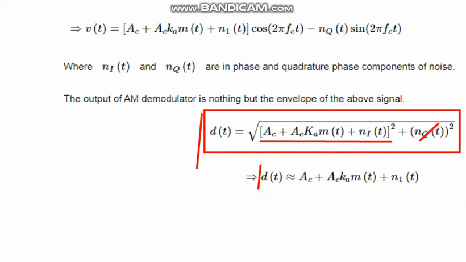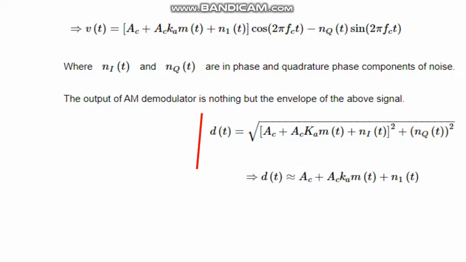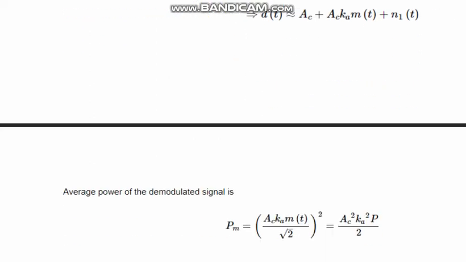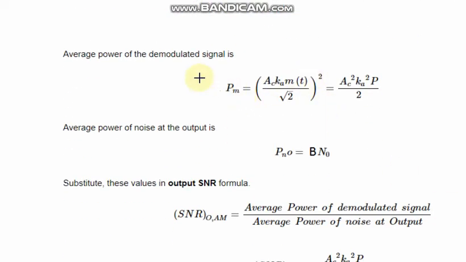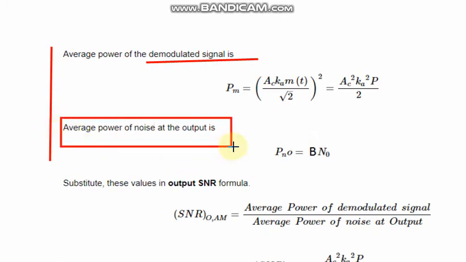So what will be the SNR at the end of the receiver stage? First we have to calculate the average power of the message signal, that is the demodulated signal, and the average power of noise at the output.